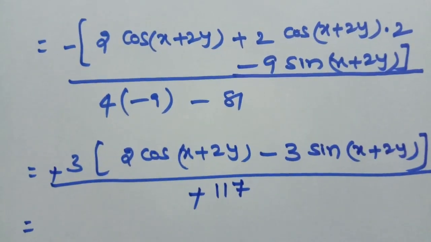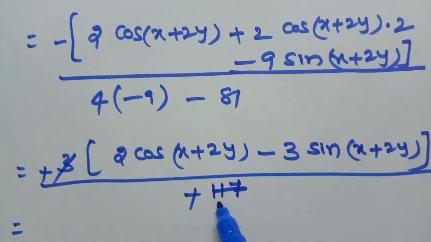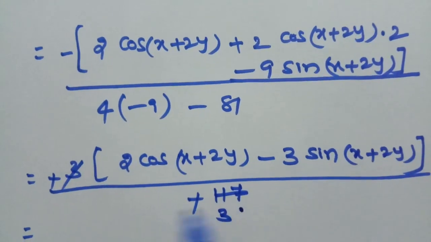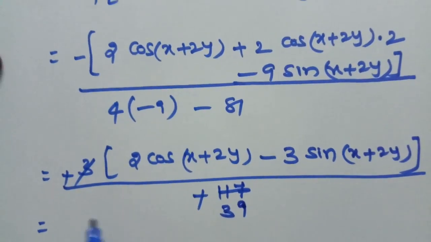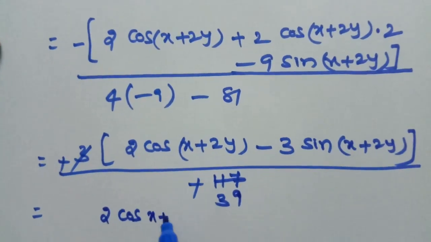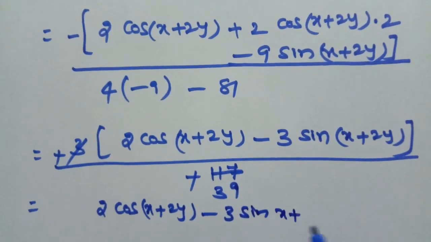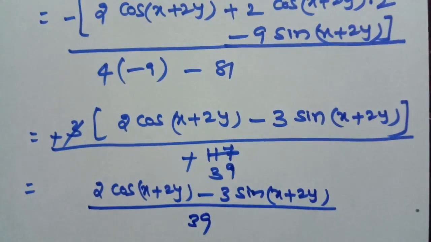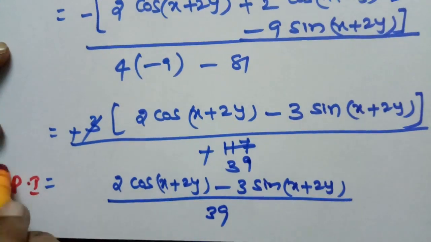Minus, minus gets cancelled. 3 ones are 3, 3 3s are 9, 3 3s are 9, so 27, so 3 9s. Therefore, this can be written as 2 times cos(x + 2y) − 3 times sin(x + 2y) by 39. This is the particular integral of equation 1.